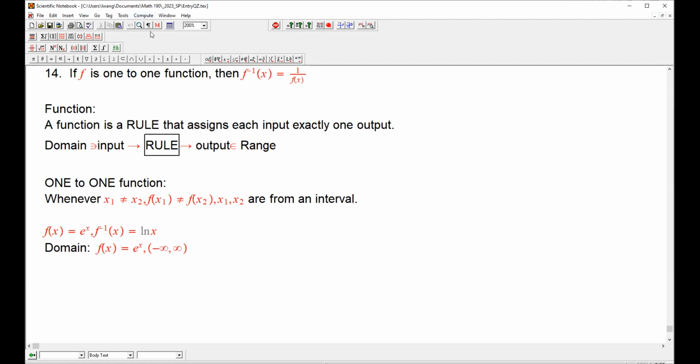That's where x is from. And the range of e to the power x is always positive, right? We studied those. Always positive. Okay, how about for the inverse?